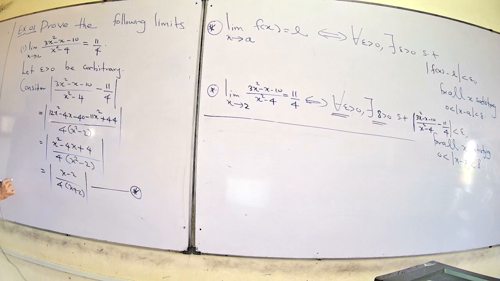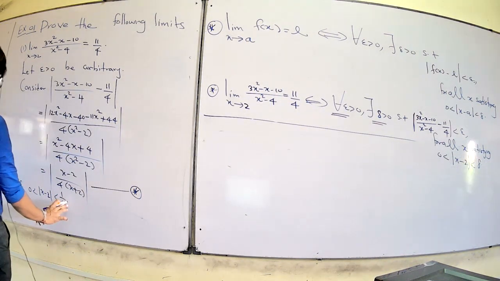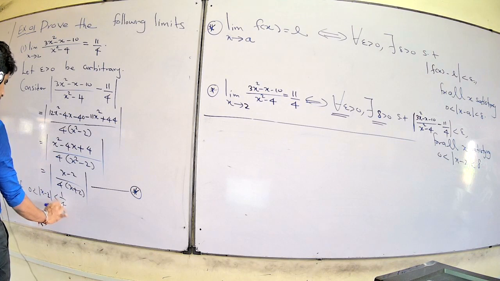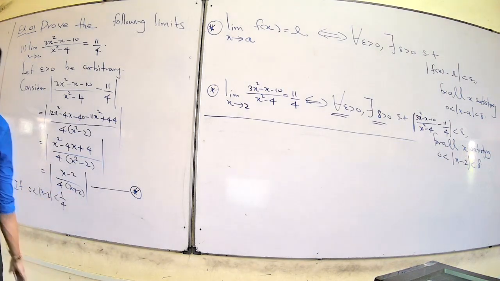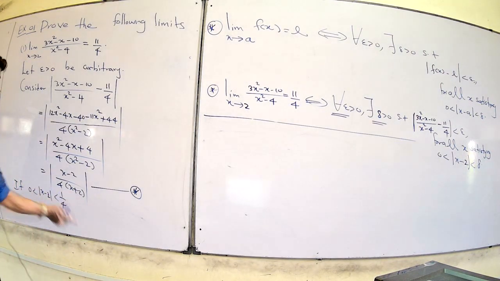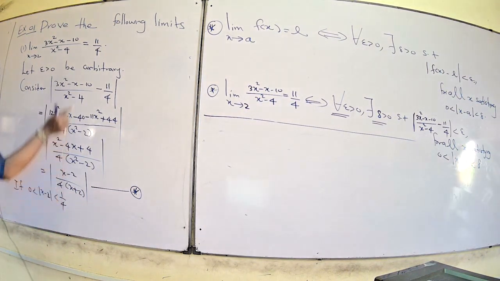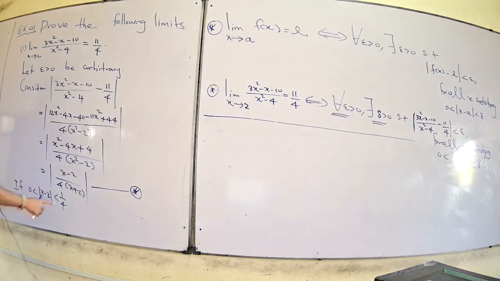But think: if 0 less than the absolute value of x minus 2 less than, you can choose one of the numbers. I choose half. No problem. You can use 1 or 1 by 4. Everything is okay, right? But it should be positive. That's important. Any value is okay because delta greater than 0, therefore any positive value is okay, but it should be a positive value.